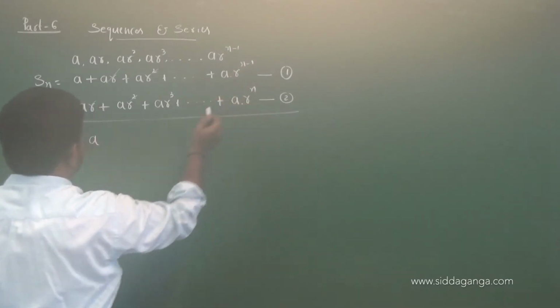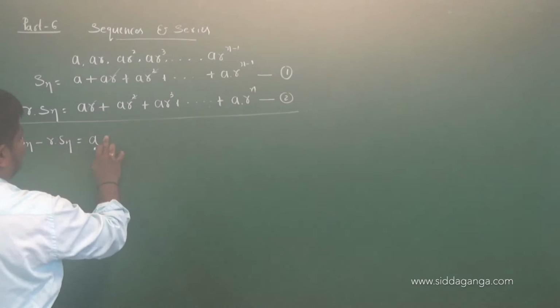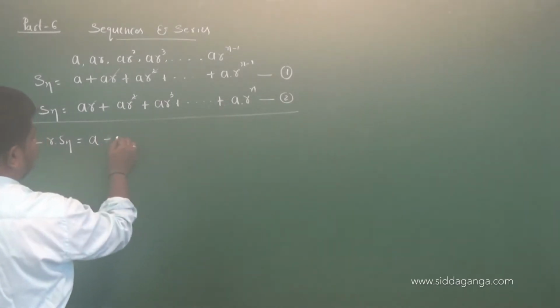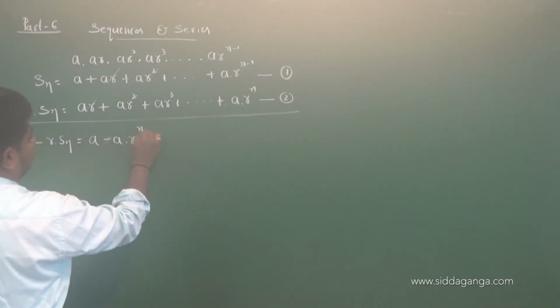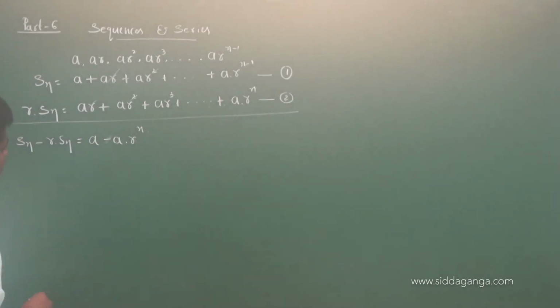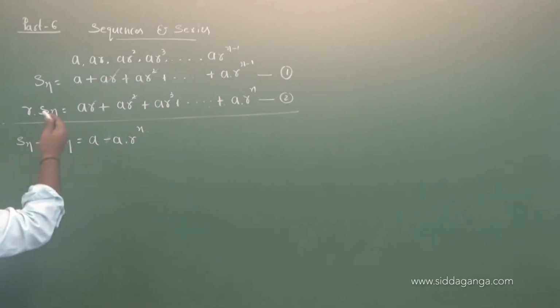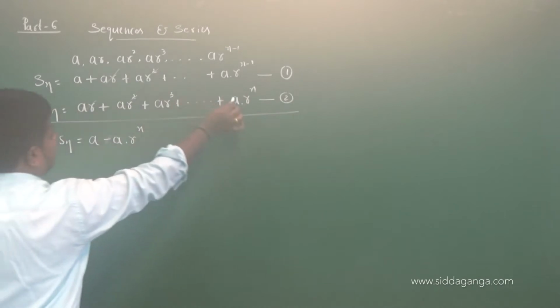The remaining thing is a into r to the power of n. Hope you got this. All the terms get cancelled except a and ar to the power of n.